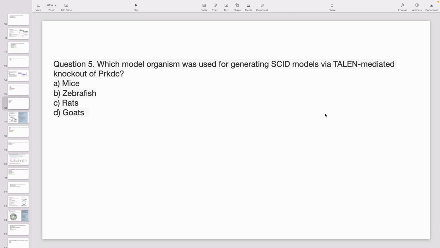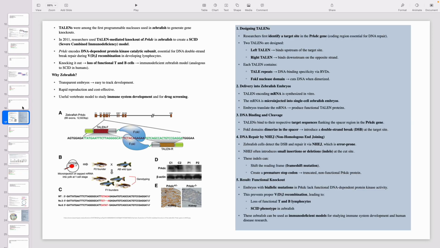Zebrafish. Yeah, the correct option is option B, zebrafish. So the designing is the same as what we have already seen in the previous question.